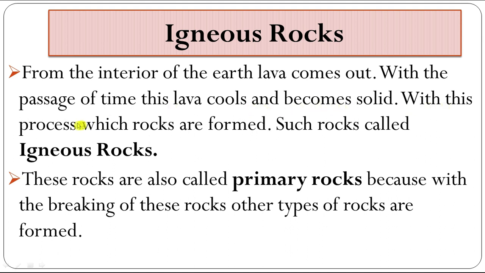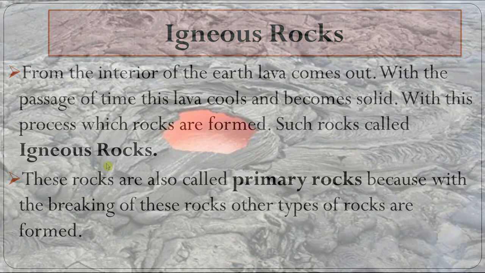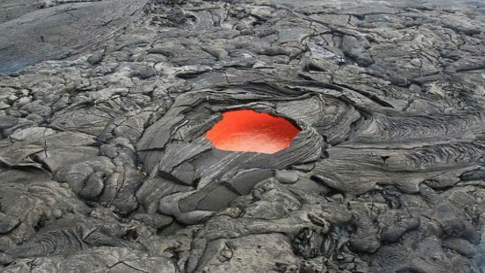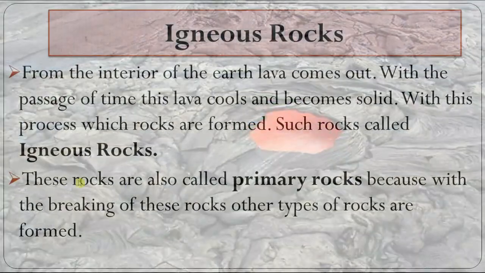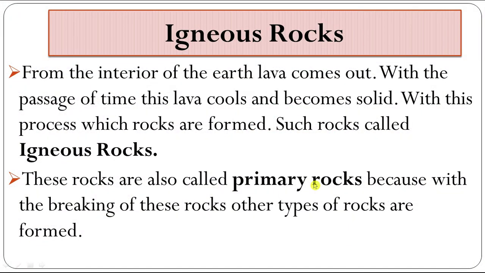With this process, rocks are formed, and such rocks are called igneous rocks. These rocks are also called primary rocks because with the breaking of these rocks, other types of rocks like sedimentary rocks and metamorphic rocks are formed.